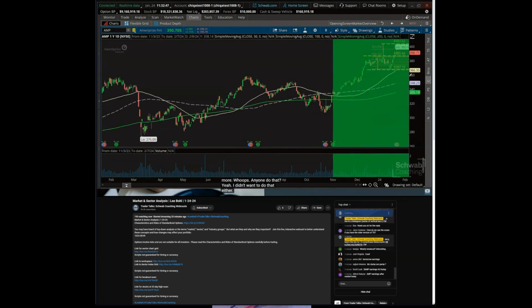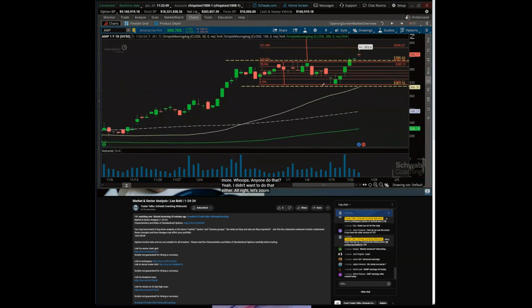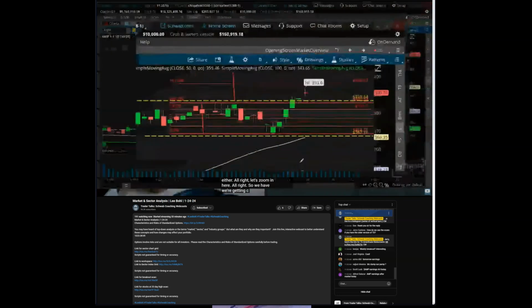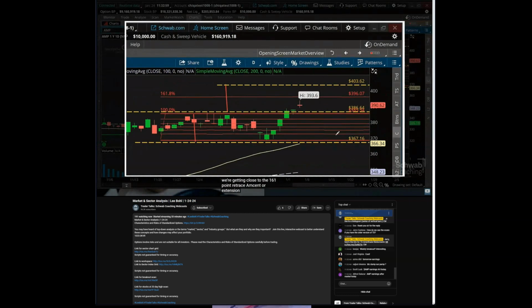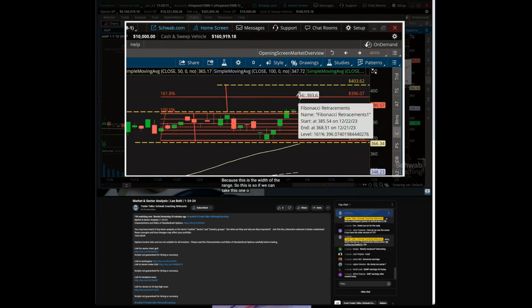Let's zoom in here. So we're getting close to the 161 point retracement or extension, I should say. And this would be the 100%, right? Because this is the width of the range. So if we can take this one out, now some traders might take a small profit there, perhaps, or others might just to see if we go all the way up.